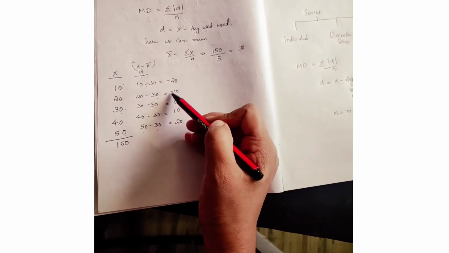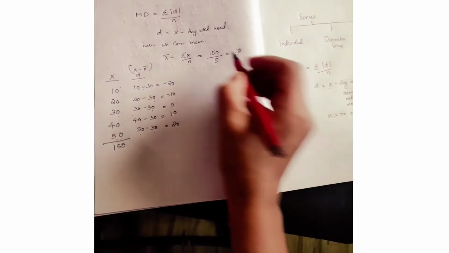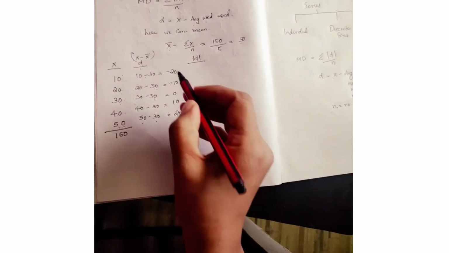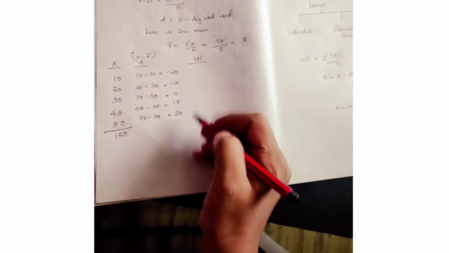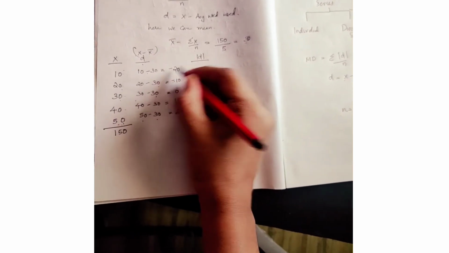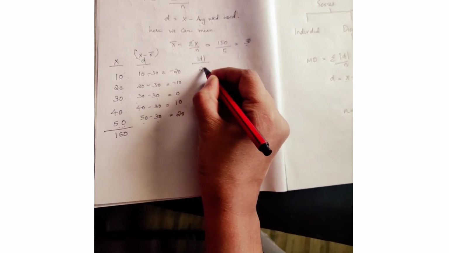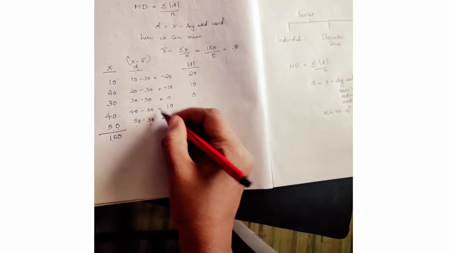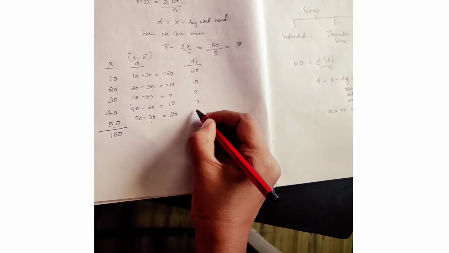In order to avoid these negative figures, we will calculate modulus d. Modulus d means we just drop the negative sign and write the figures. Since it is minus 20, we write it as 20. Then minus 10 is written as 10. Then 0, since there is no negative, we write it as it is.